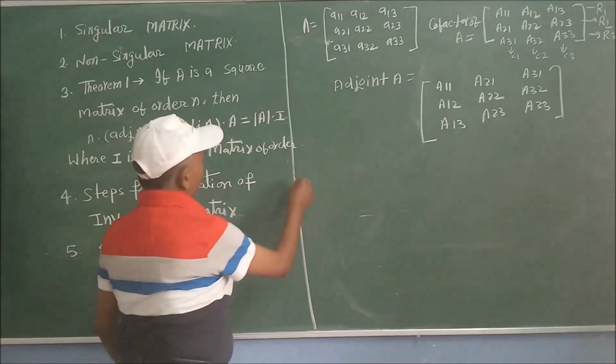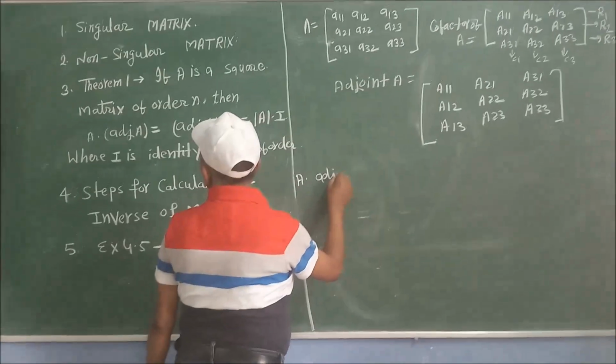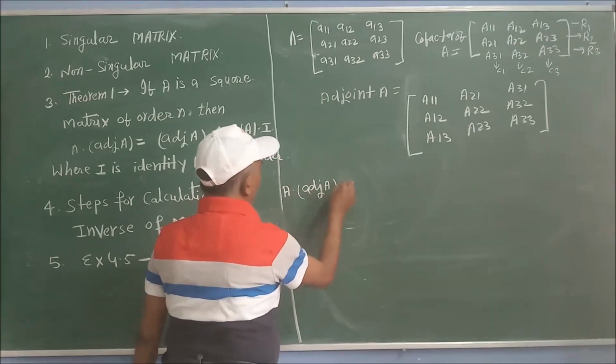Then in our question, we have to calculate A into adjoint A. This will be equal to what?